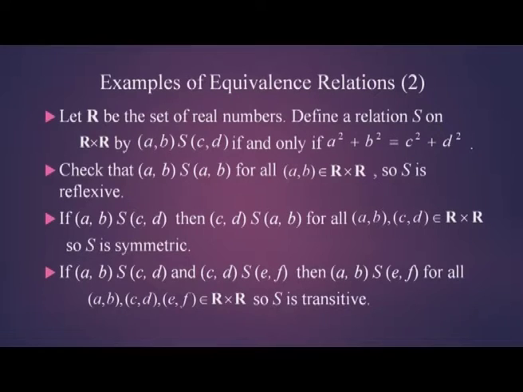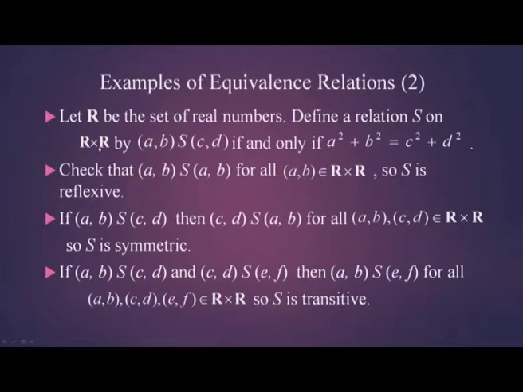Now, let us move on to another relation. We consider the set of real numbers, and we consider the Cartesian product of the set of real numbers. So, we are now in the real plane. So, our points are ordered pairs.